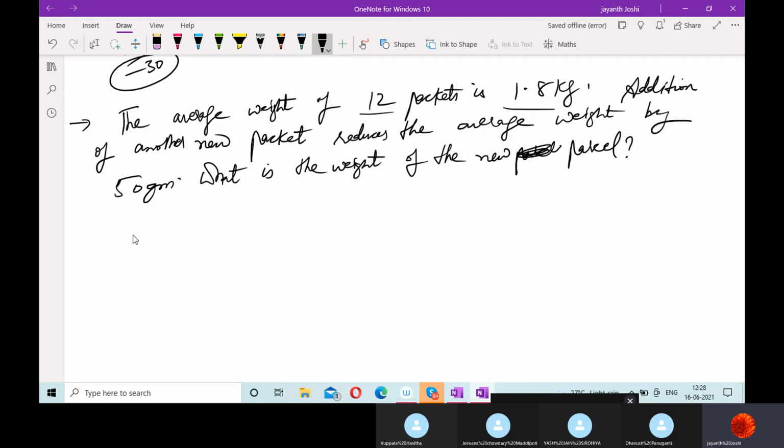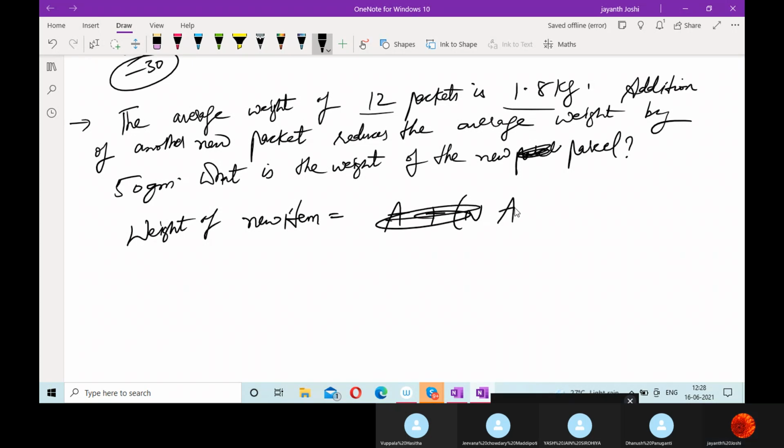So, you can use this formula: weight of new item is equal to A minus N plus 1 into X. I'll write the formula. All of you please follow. First I'll give the formulas.